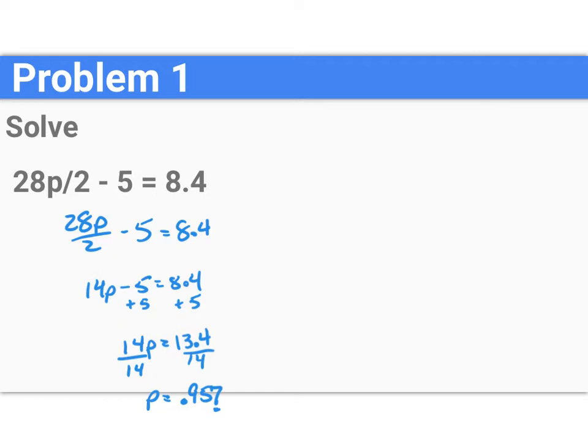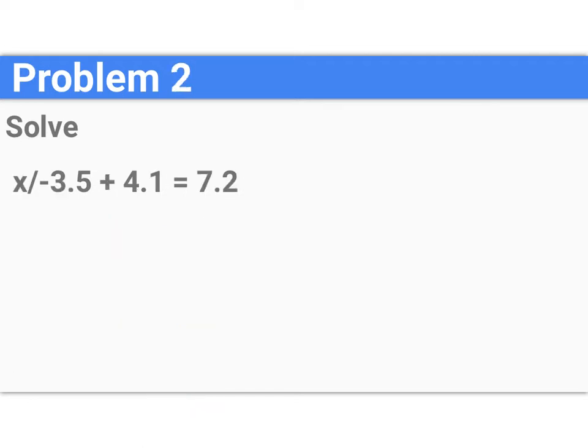Okay. We got x over negative 3.5, and in a fraction, it does not matter where the negative is. It could be out front, it could be in the top, it could be in the bottom. It does not make a difference. So our first step is to subtract 4.1.